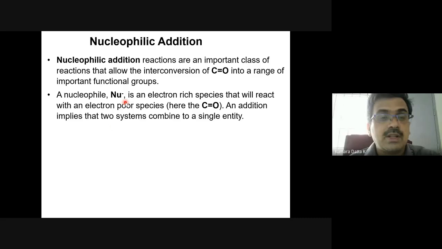Now you know that a nucleophile is an electron rich species which reacts with electron deficient compounds. What exactly adding means is that both the electron deficient and the electron rich species should combine to form a single entity.